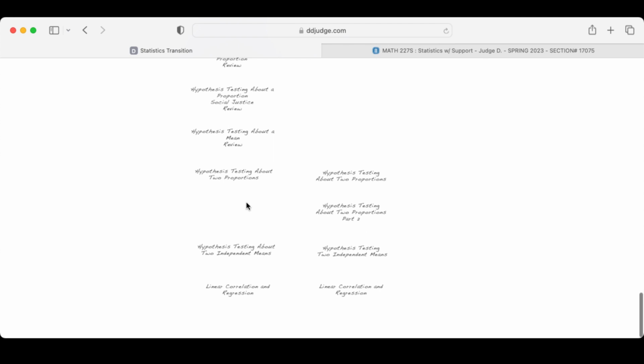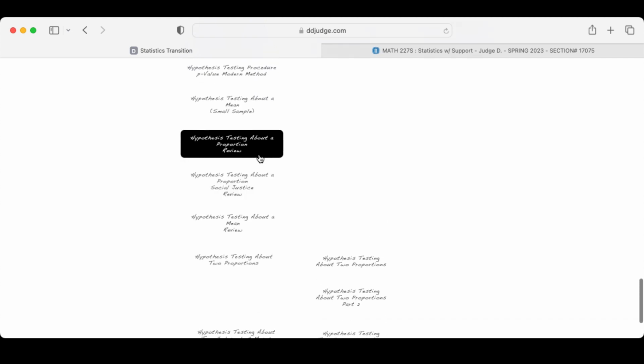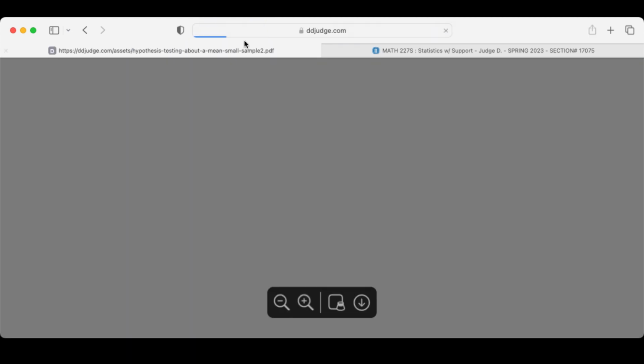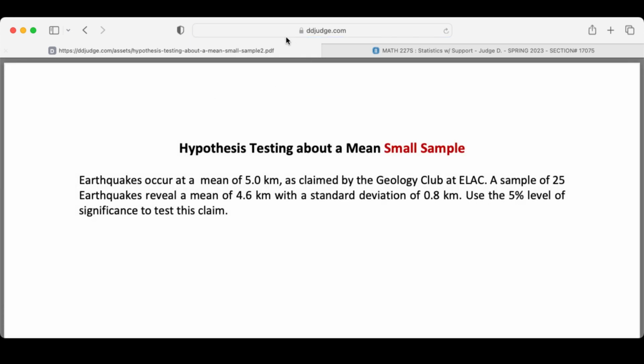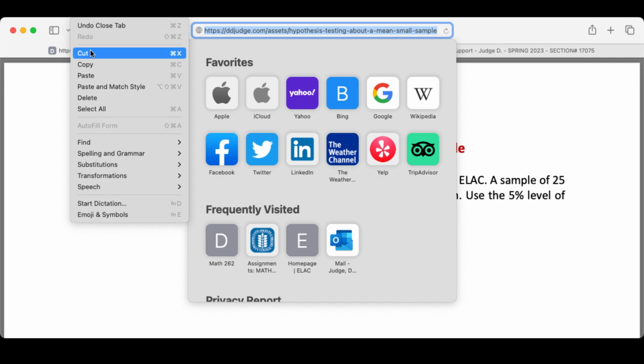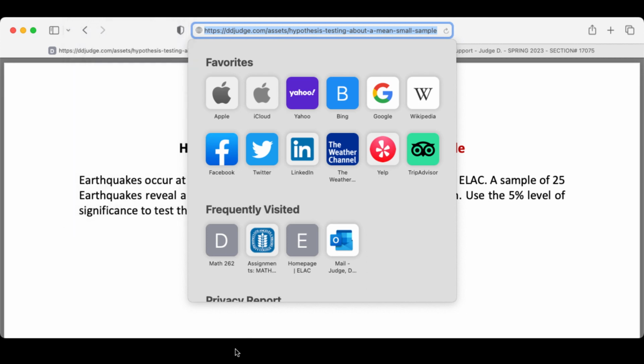We're going to look at hypothesis testing about a mean, small sample. And hopefully that will come down in a few seconds. There we go. So this is related to estimation about a mean and small sample as well.